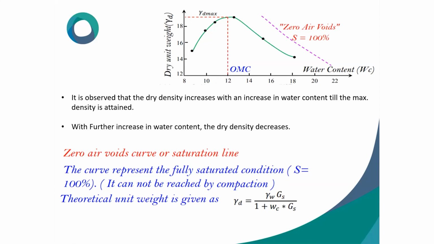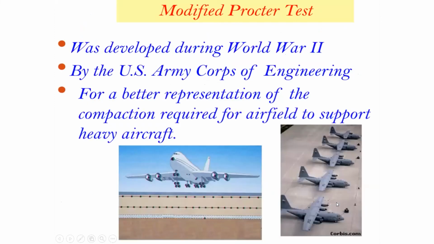The curve represents a fully saturated condition, S equals 100%, but it can't be reached by compaction. In the field, you can't do that. Maximum 95%, 98%, that's it. But in the laboratory, we used to say 100%. Theoretically, the dry unit weight is given by gamma d equals unit weight of water into specific gravity divided by one plus water content into specific gravity. This is the formula.